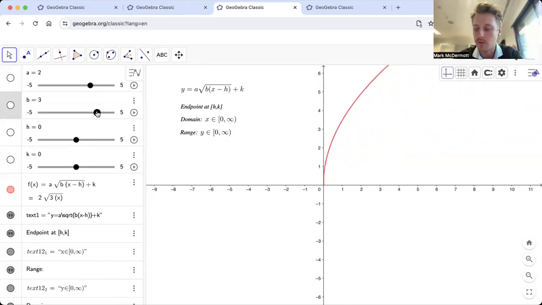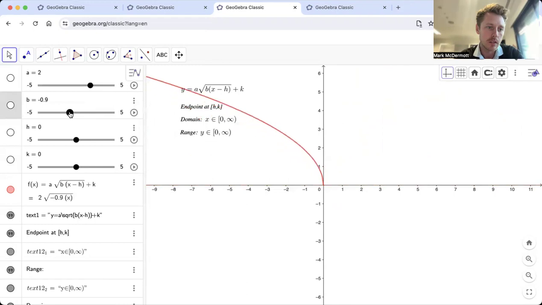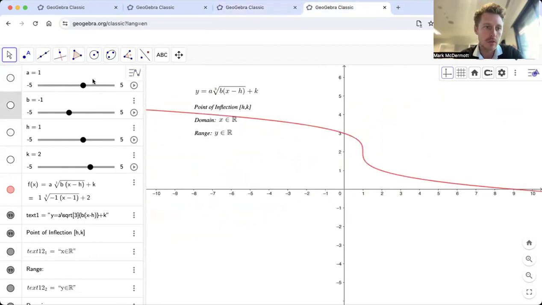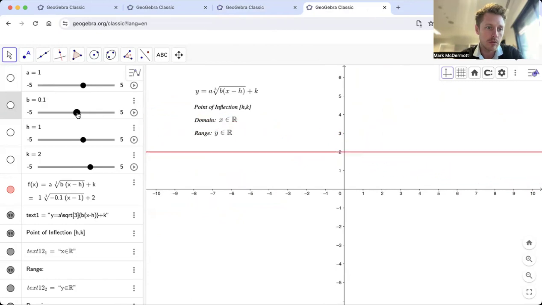Dilation by a factor of 1 over 3 from the y-axis, and then obviously reflection in the y-axis, reflection in the x-axis.